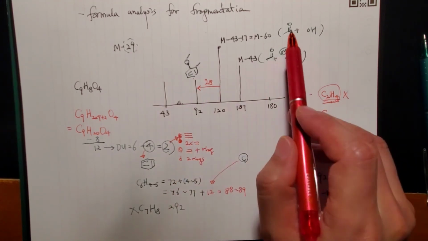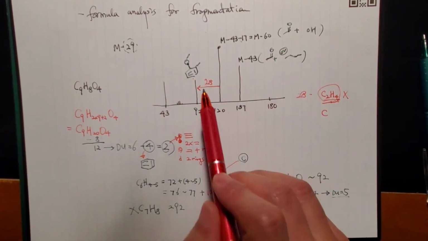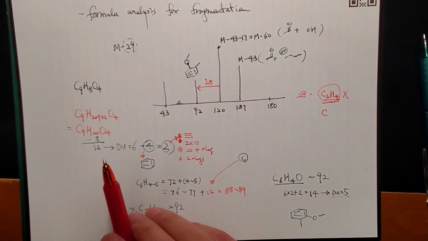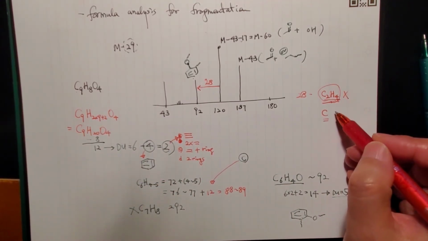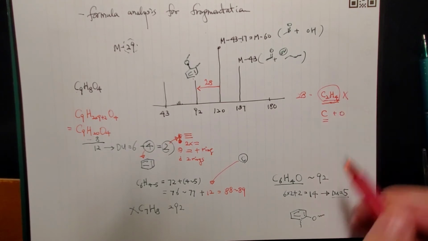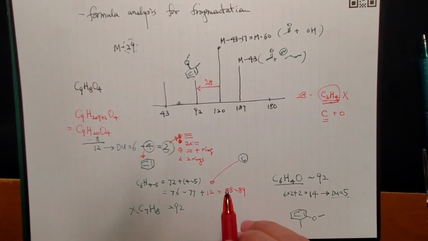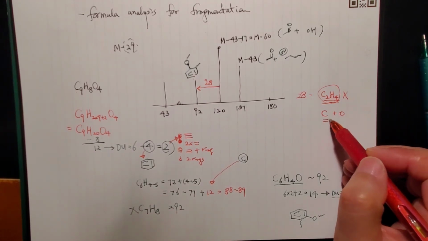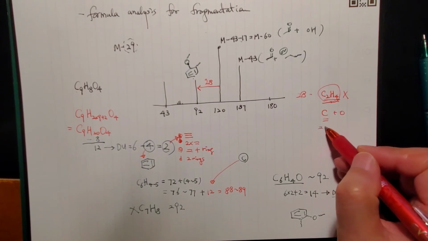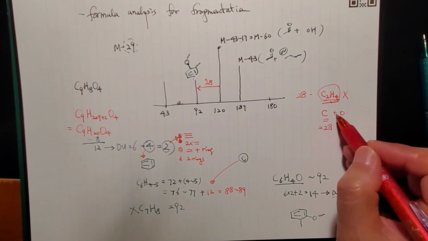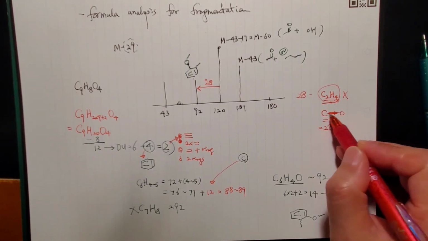After losing this and this, we need to lose 28 more, and that should be just using 1 carbon and 1 oxygen. And how many hydrogen? We need to worry about that later, but together I think it just makes up 28, right? Meaning they're together, CO, bonded.